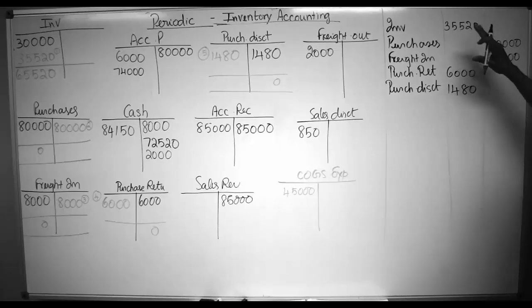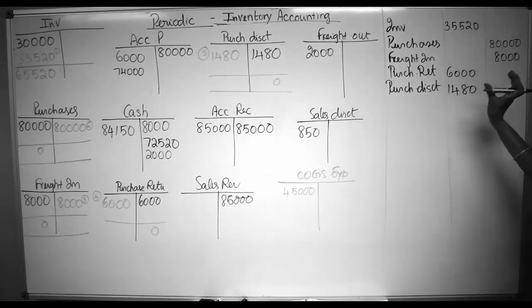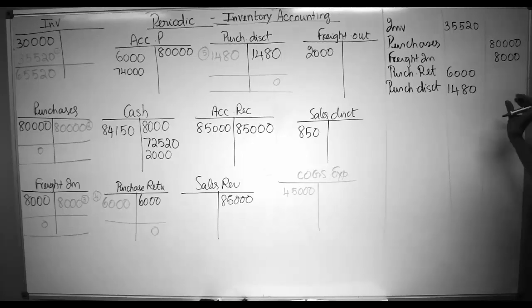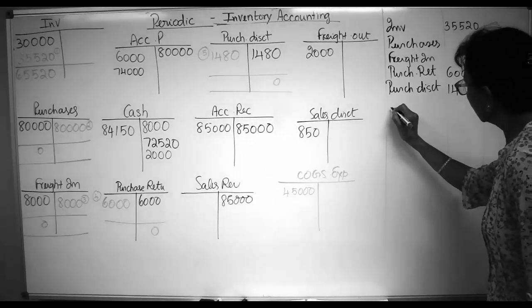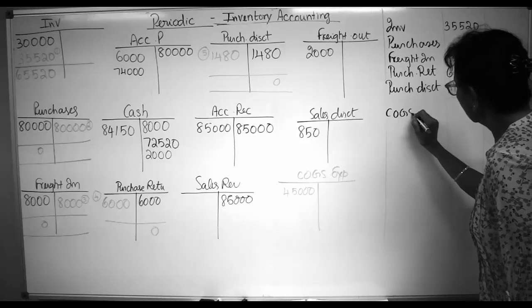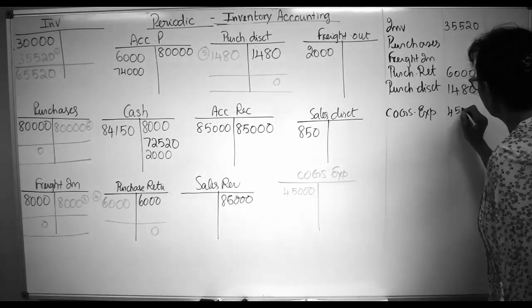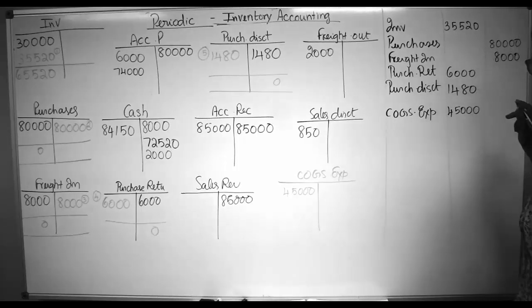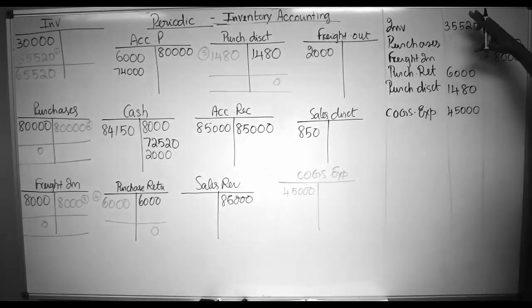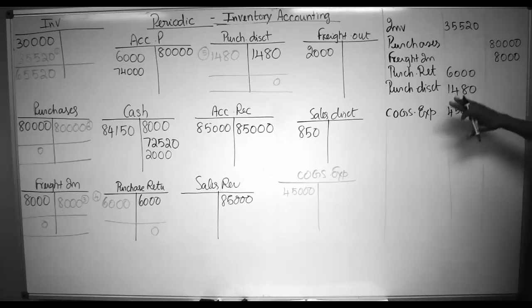So now to bring the debit equal to the credit, your cost of goods sold expense would be $45,000. So now if you add the debit amounts, that would be equal to your credit amount.